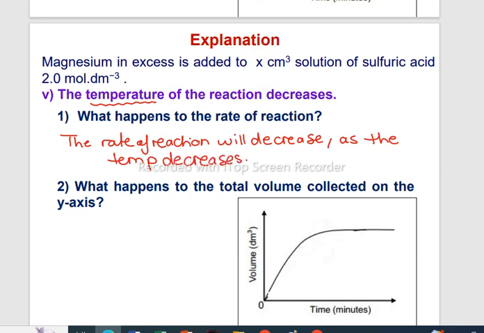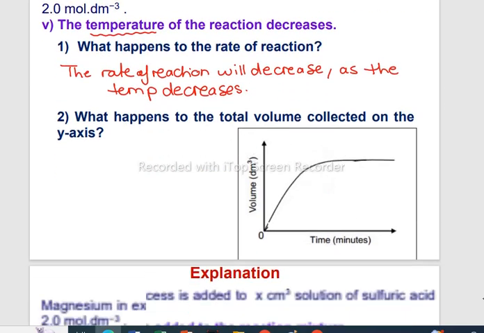Of course, this is related to the Maxwell-Boltzmann distribution curve, as the probability or the fraction of particles with energy higher than or equal to the activation energy will decrease, so less frequency of collisions, and this at the end will end up with a slower rate of reaction.